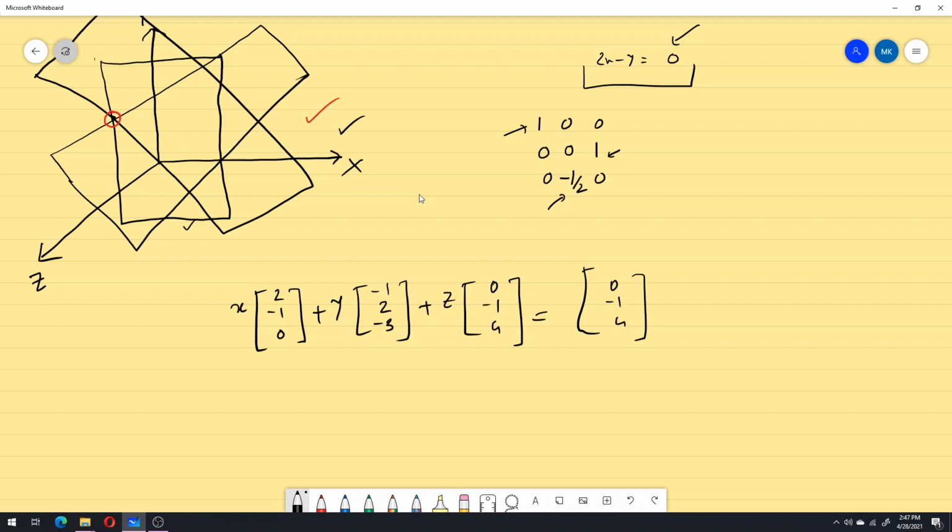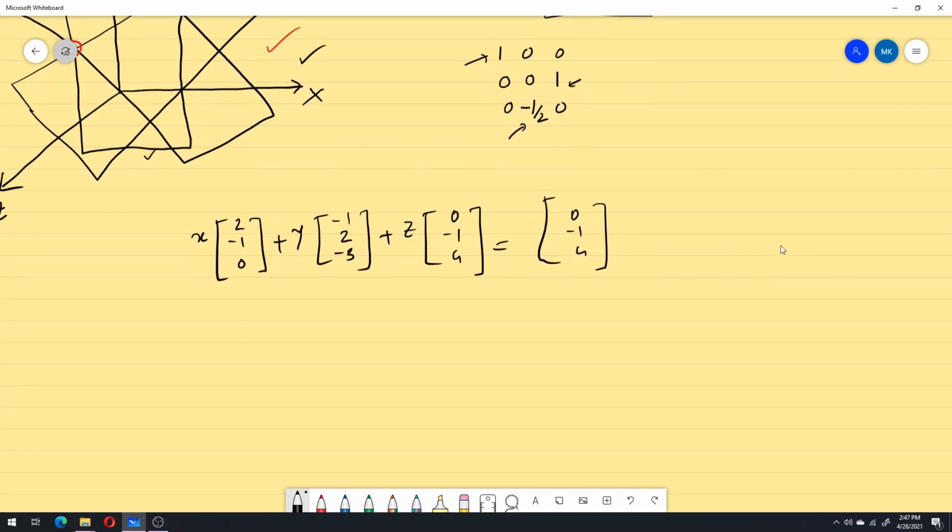Okay. So this is one equation. What this equation is asking is that you have to find one particular combination of these three components, x, y, and z, so that you produce the right combination here.